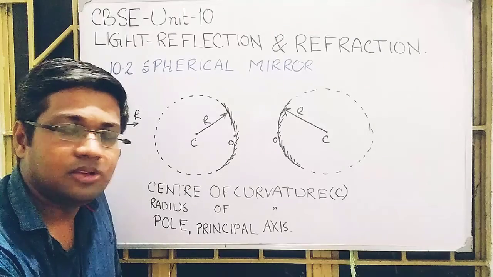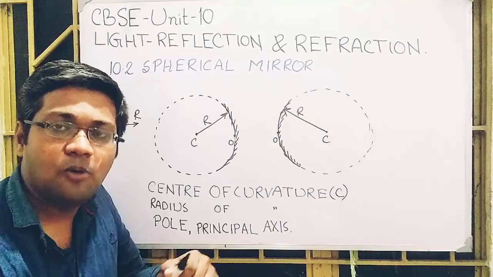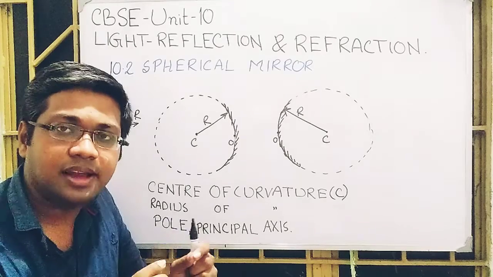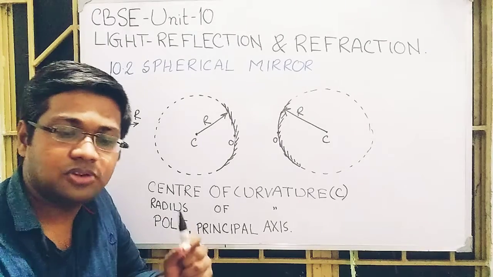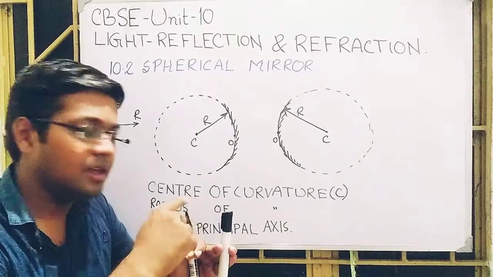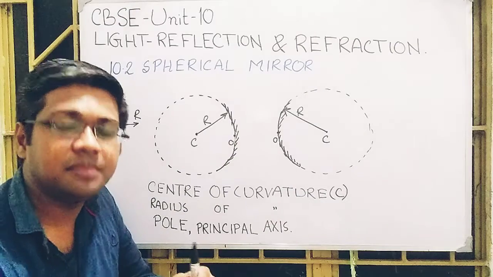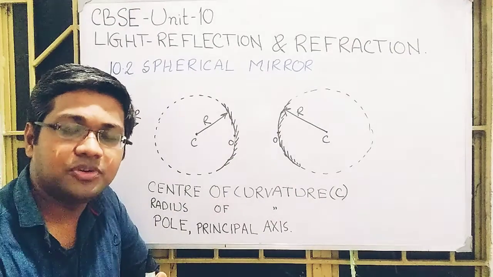Okay, so to draw a straight line, how many points do we need? To draw a straight line, we need 2 points, this point and this point. If we connect these 2 points, we can draw a straight line. This is the minimum criteria of drawing a straight line.